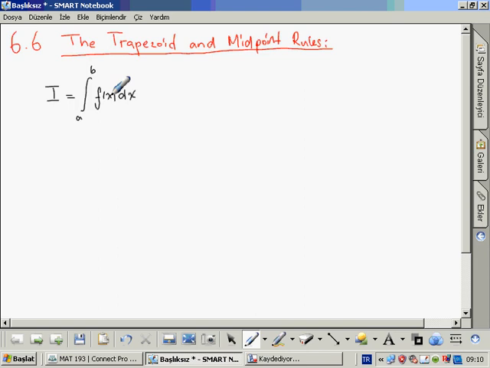Let me give you some information about numerical integration, and indeed any Riemann sum. First let's talk about the trapezoid rule.